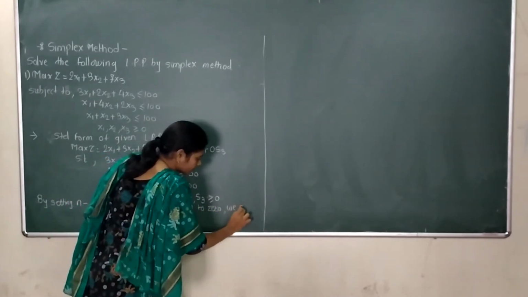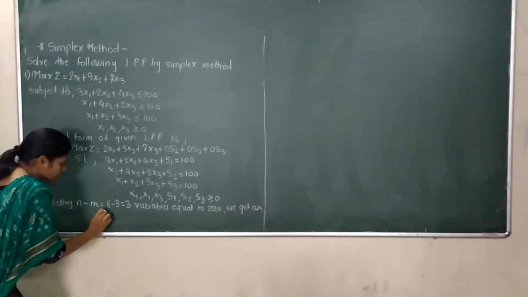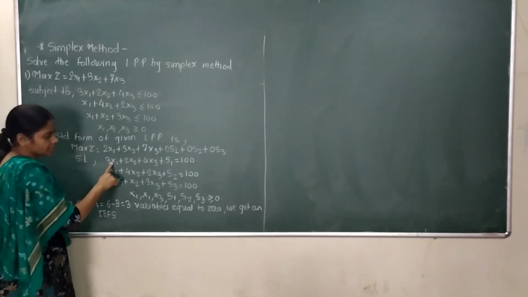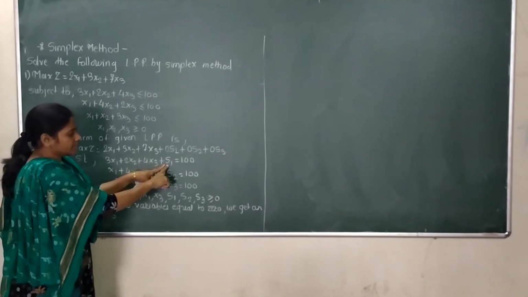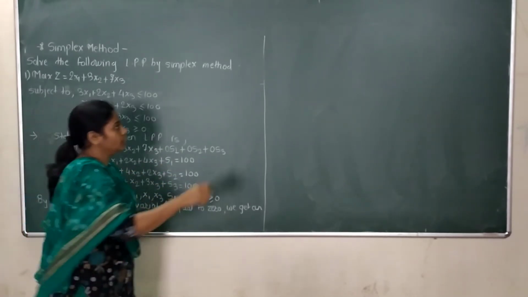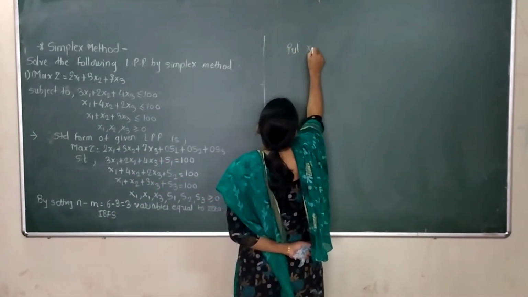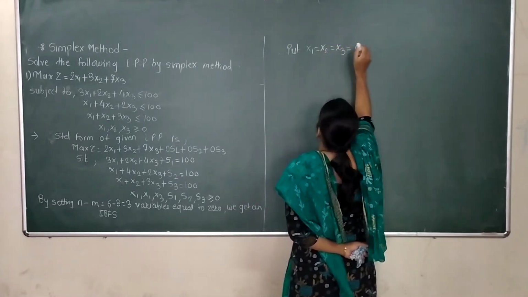We get an initial basic feasible solution. So here we will put x1, x2, x3 equal to 0, so that we will get the IBFS as s1 is equal to 100, s2 is equal to 100 and s3 is equal to 100. Therefore, put these three variables equal to 0.